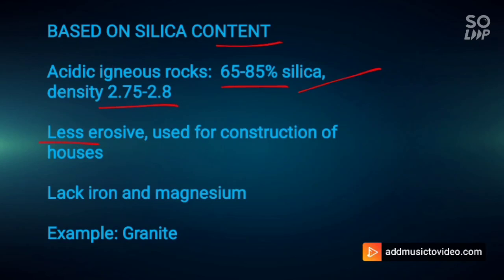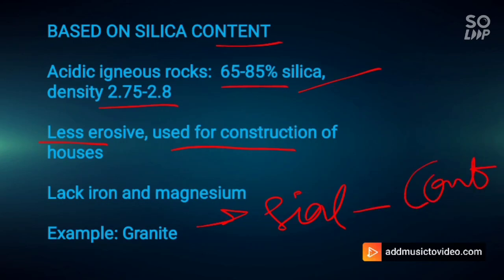It is less adhesive, used for construction of houses, and an example is granite. Now granite is Sial and Sial is continental crust. Now acidic igneous rocks lack iron and magnesium.